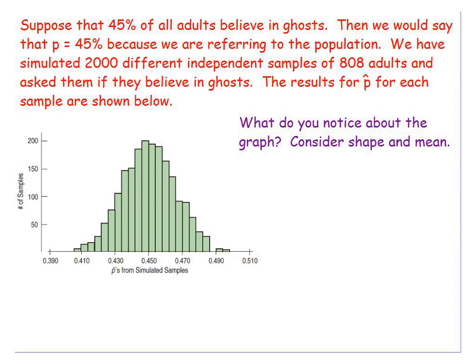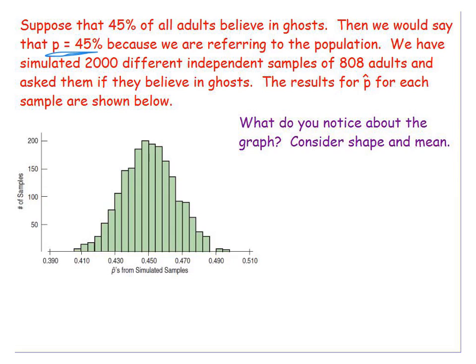So this is just some general information to think about. Suppose that 45% of all adults believe in ghosts. Then what we would say is, because this is of all adults, we would say that P is 45%. Notice I said P, that means that it represents the whole population because it says 45% of all adults.